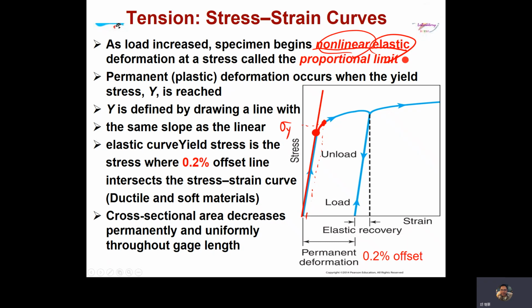Okay, so let's look at this figure when we apply a tensile stress, right? For example, if this stress is beyond the yielding stress, and we release the load, this elongation will return to a certain value.